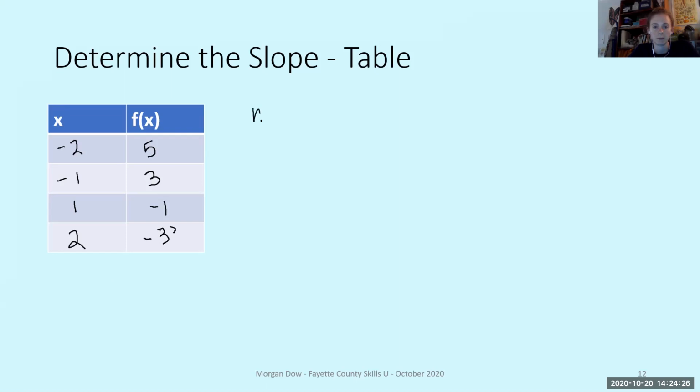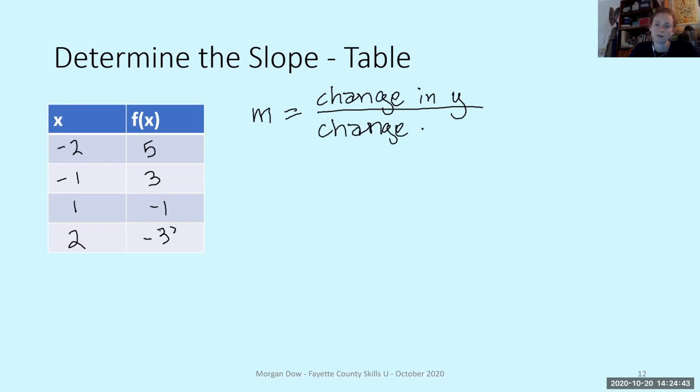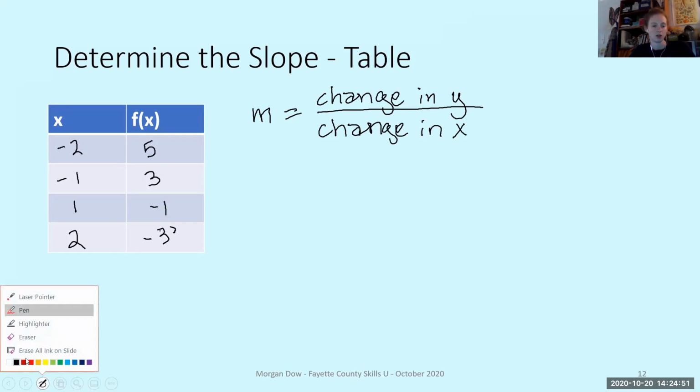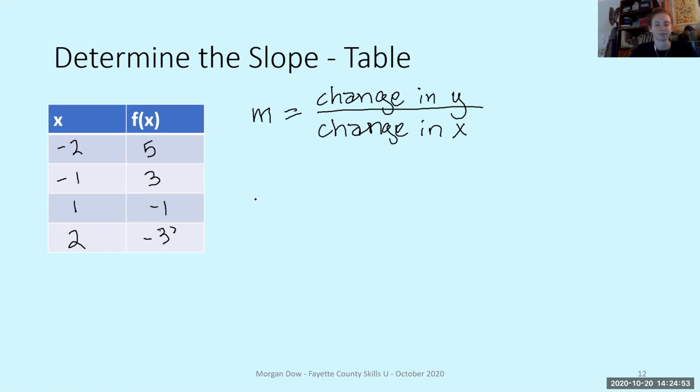Okay. So now let's determine what the slope is for our table. So we want to remember that slope is a comparison of change in y or change in output. In this case, it would be change in f of x. We want to remember that y and f of x are basically the same thing. To change in x. So I'm going to start figuring out what changes are happening. So let's start by looking at change in y, since that's the number that should go on top of our ratio.